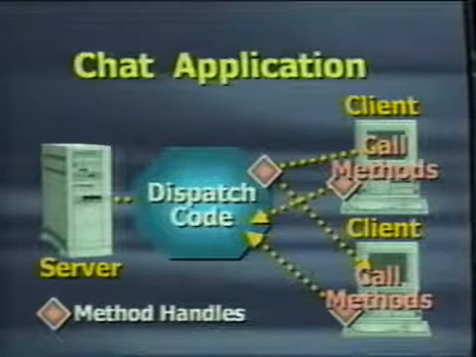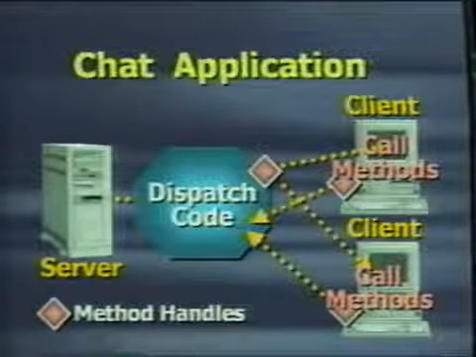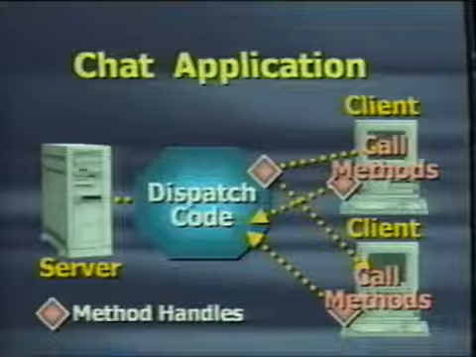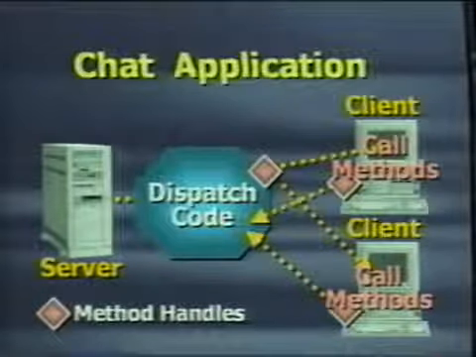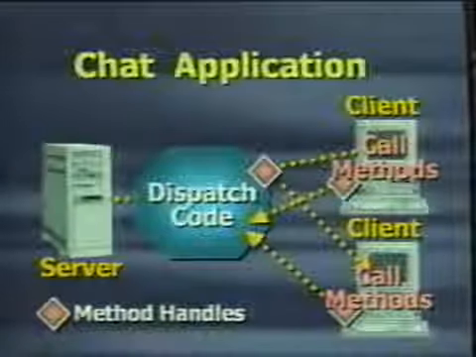Now, second of all, we also have references to these clients that are held by the dispatch. And the reason we have this is this allows the dispatcher to call methods on the clients, sending them the information. This is a very powerful and interesting way of writing distributed applications because there's no need to poll.